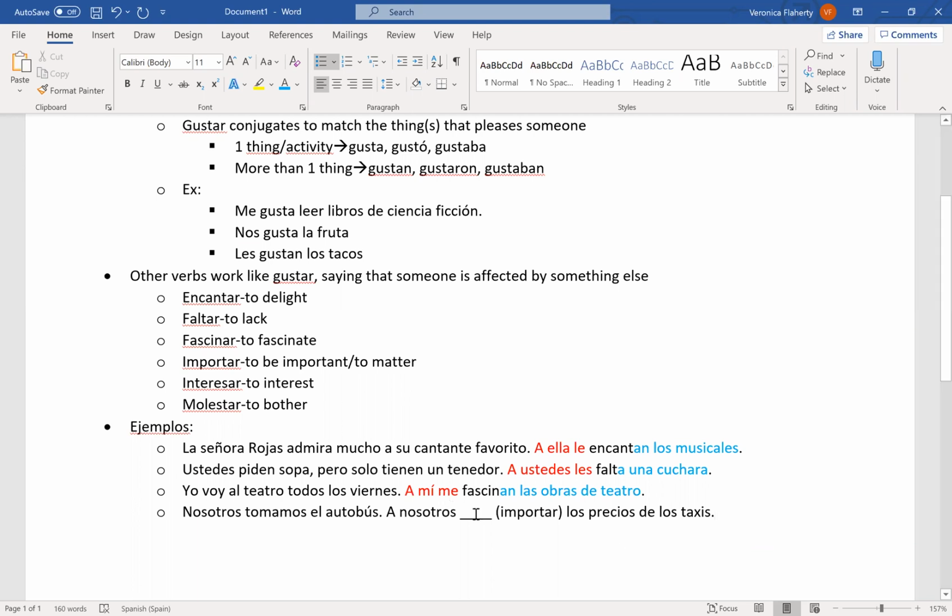Nos importan. Does everybody else know why it's both nos and importan? Los precios is plural. So we're making the verb importar match that. That's our subject. A nosotros nos importan los precios de los taxis. The prices of taxis matter to us, are important to us.